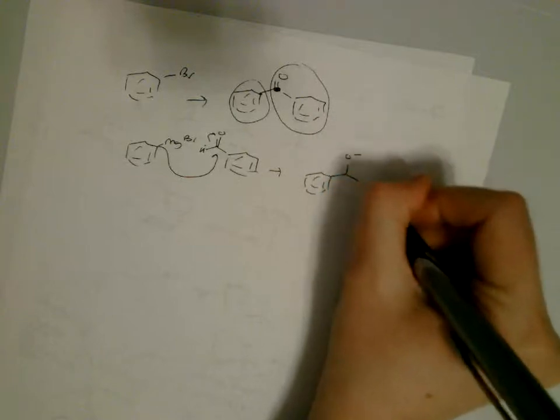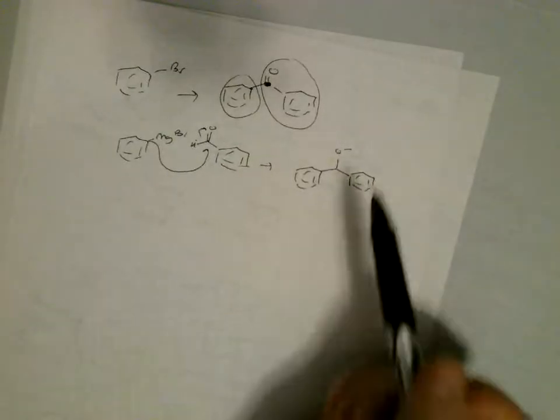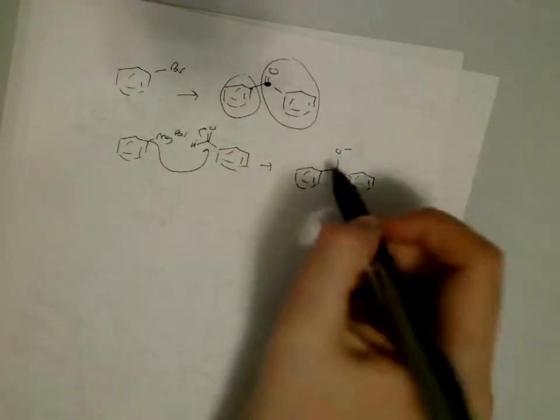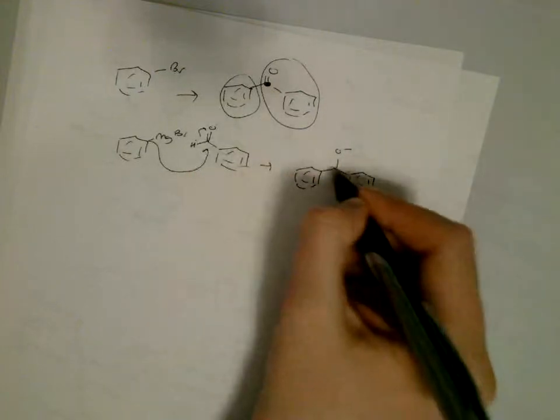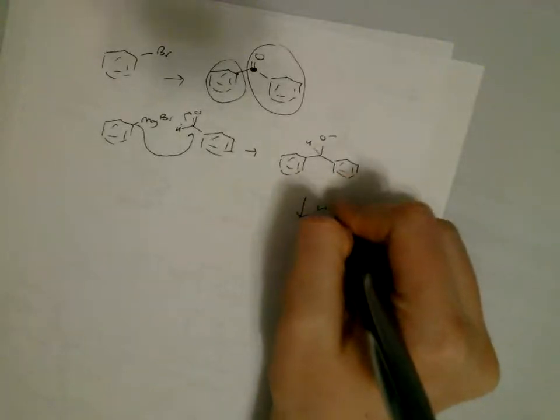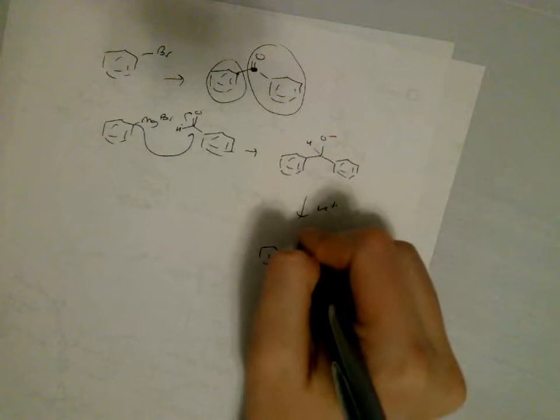O minus. So if this had been a ketone instead of an aldehyde, we'd have an R group right here that was present right there. But because there's not, this is just a hydrogen. And then if I added H plus, I would get to an alcohol.